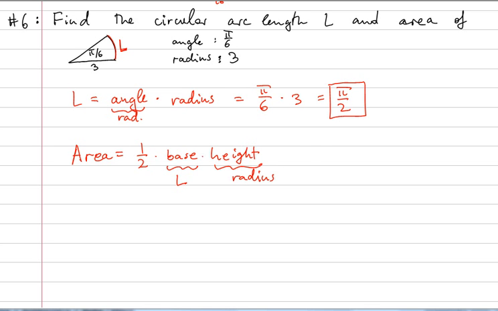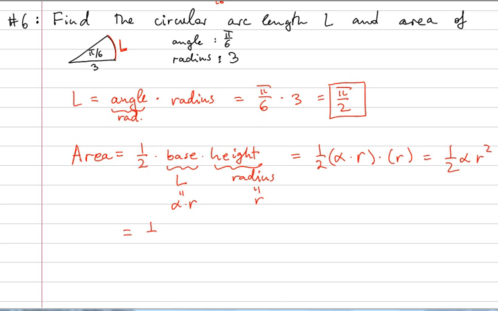So in other words, the formula is 1/2 angle times, because this L is angle times radius. So angle times radius for the base times radius for the height. So the formula is 1/2 alpha r squared, and then you just plug in the numbers.